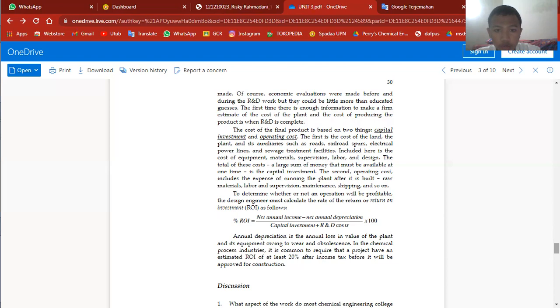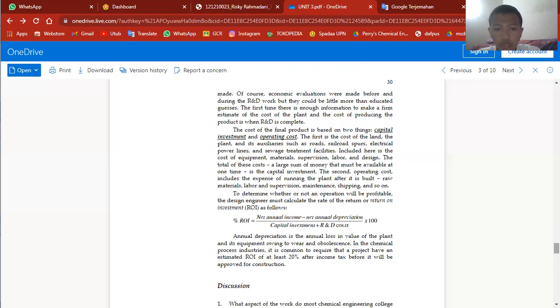The cost of the final product is based on two things: capital investment and operating costs. The first is the cost of the land, the plant, and its auxiliaries such as railroad spurs, electrical power lines, and sewage treatment facilities.